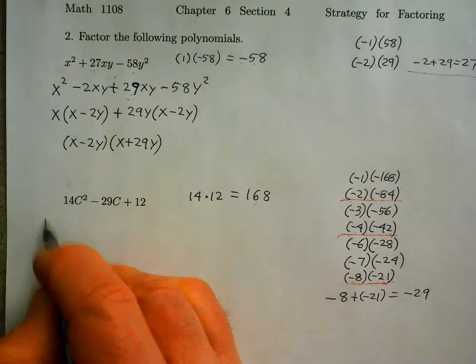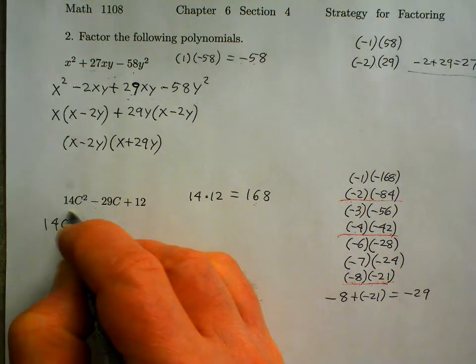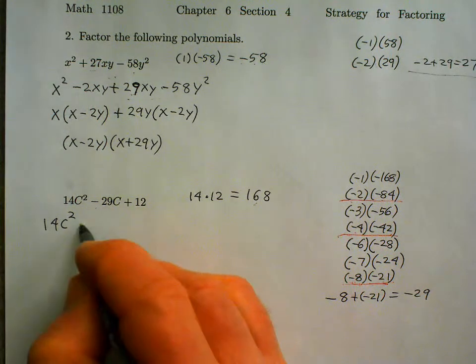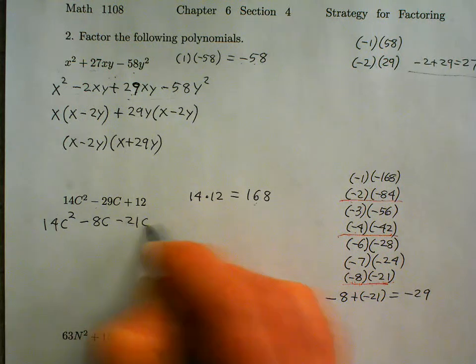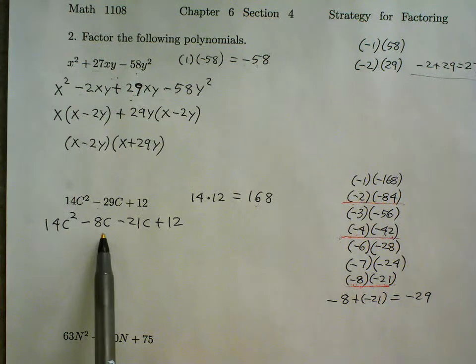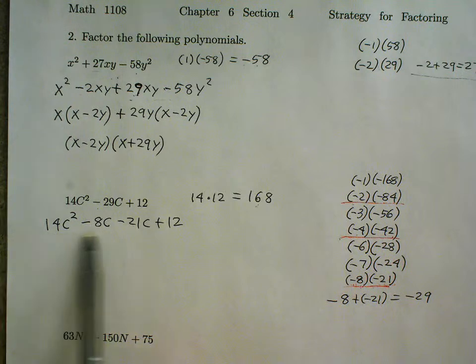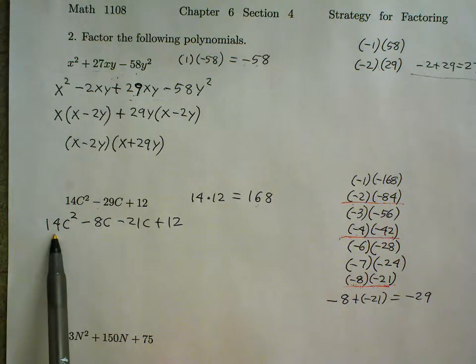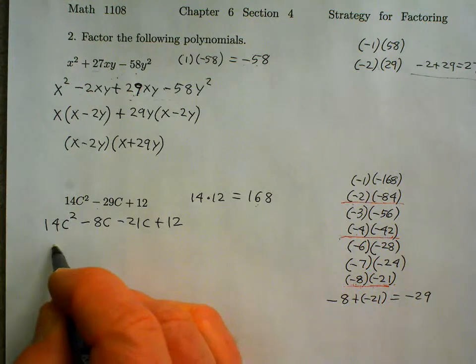So we transform the trinomial into a quadrinomial, 14c to the second minus 8c minus 21c plus 12. And then we factor by grouping. Out of the first two terms, 14c to the second minus 8c, the greatest common factor is 2c.